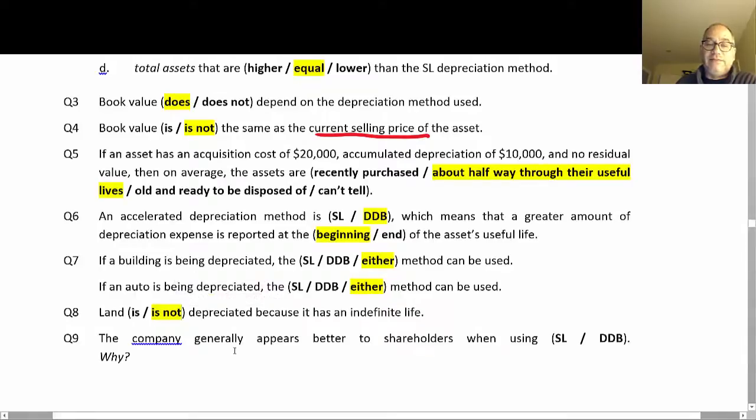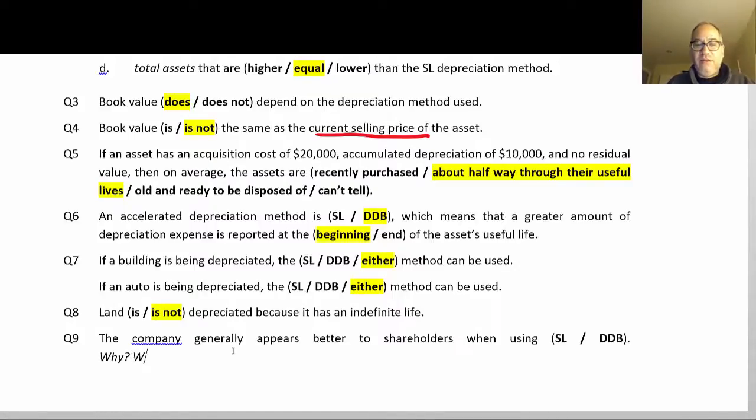It lasts forever. Which one makes the company look better, straight line or double declining balance? And the truth is that it depends. When the asset is young, straight line makes the company look better because it records less depreciation.